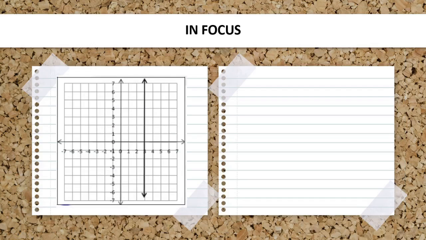I just want to point out, because some are confused by the given in our learning task. If we look at our Cartesian plane, always look for the two lines, our vertical line and our horizontal line.